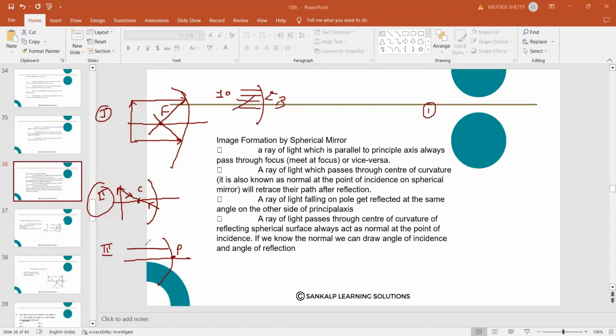This is my incident ray. After reflection, it will reflect with some angle. This is called what? A ray falling on the pole gets reflected at the same angle on the other side of the principal axis. One second, I'll just redraw this one. So it is like this. Yes, this is the right figure.